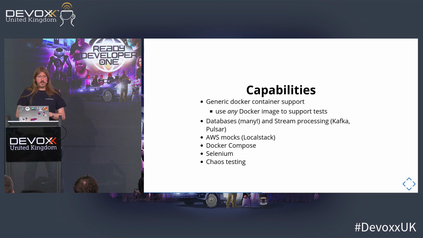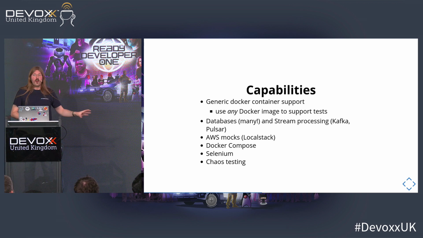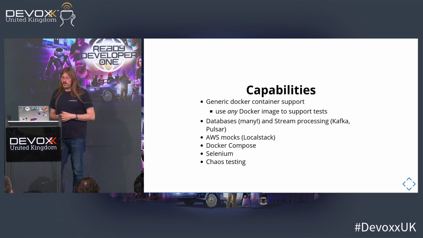And some more sophisticated support for stream processing applications like Kafka or Apache Pulsar. In addition, we also have support for AWS mocks, the LocalStack stuff. Of course, this is not the real integration test against AWS, but it's probably as close as you can get locally without using those real dependencies.